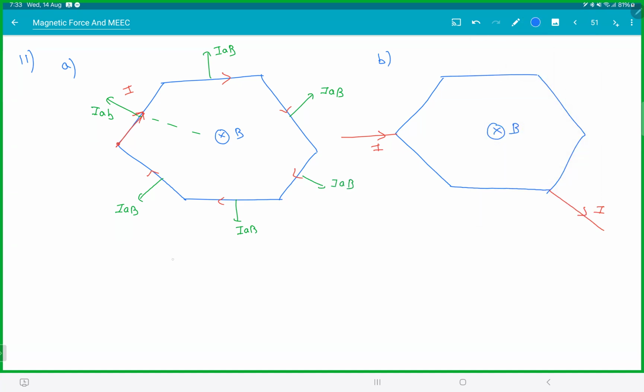You can see that. So in this case, the F net would be 0. But you can also see a closed loop has 0 projected length.